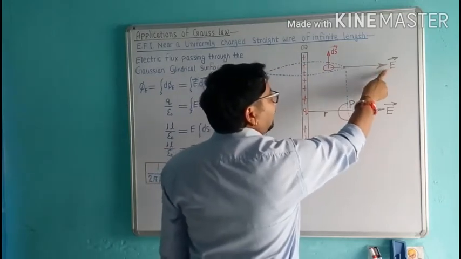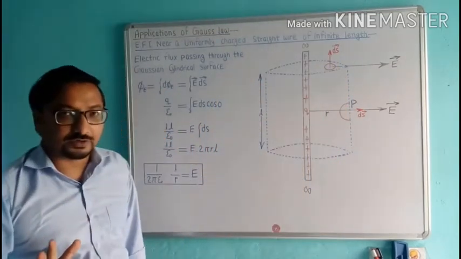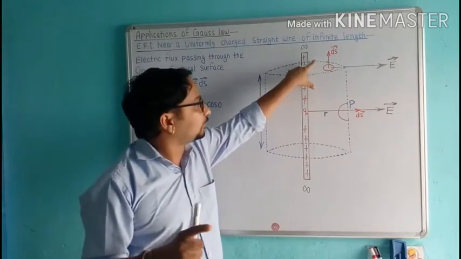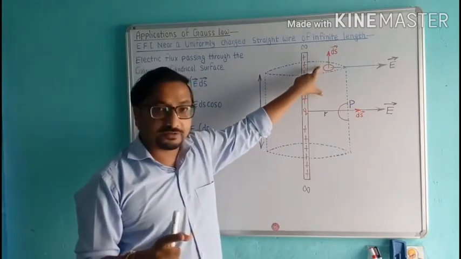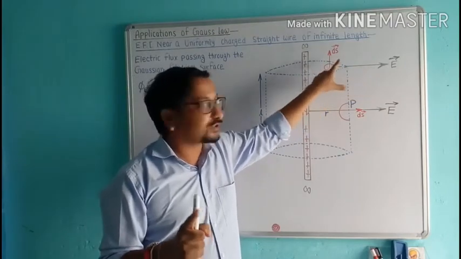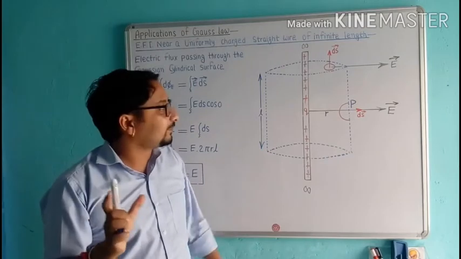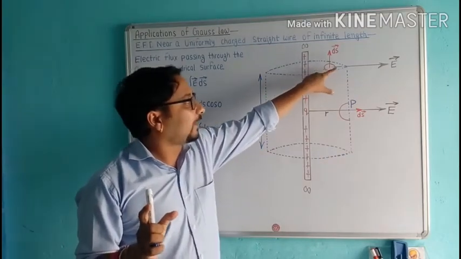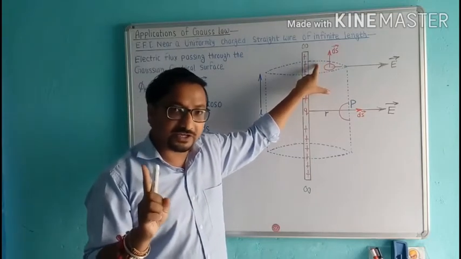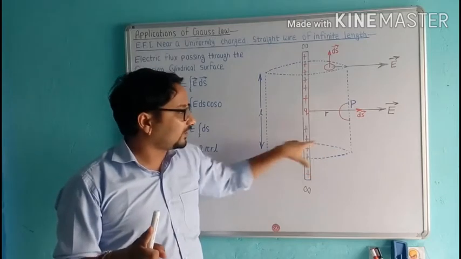So the angle between E and ds is 90 degrees. So the electric flux passing through its ends will be phi E is equal to E ds cos 90, and the value of cos 90 is 0. That means the electric flux passing through its ends will be 0. A similar case applies for this end.